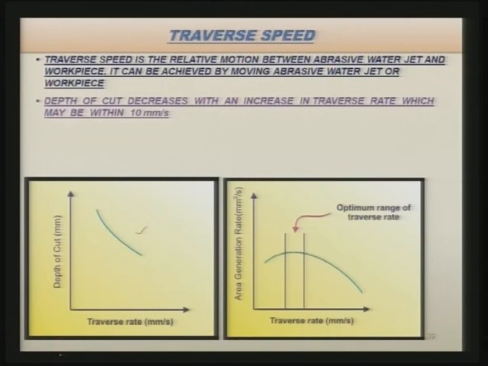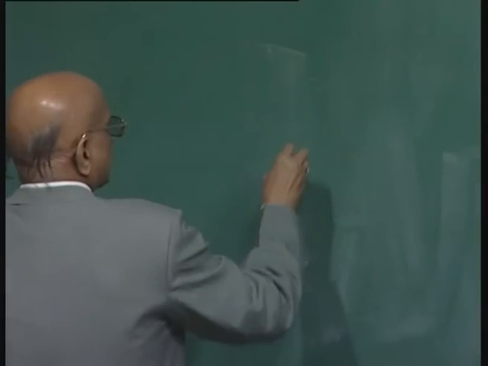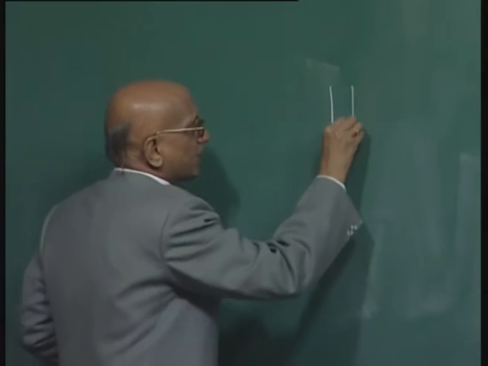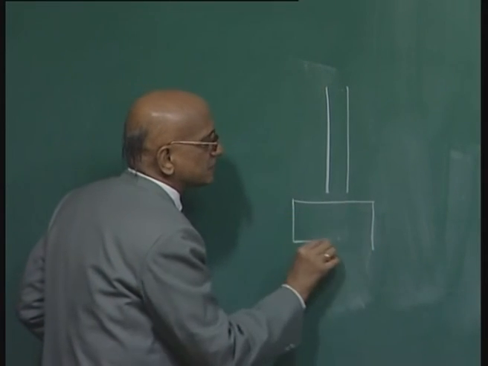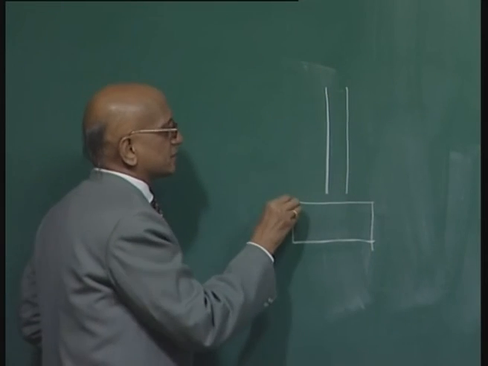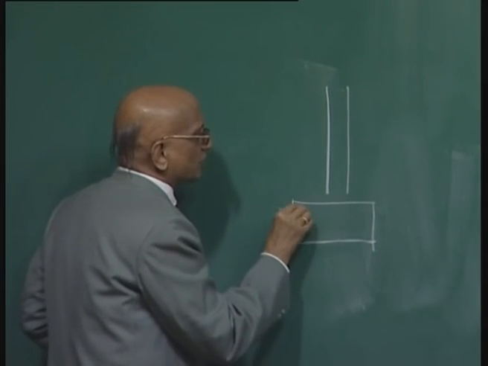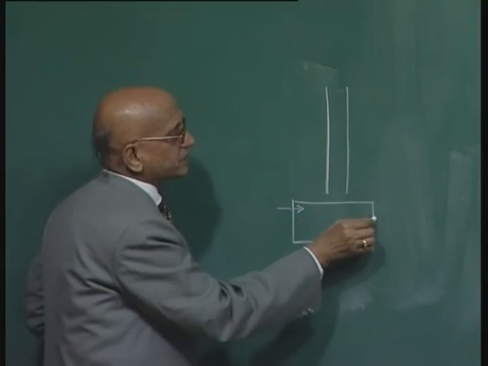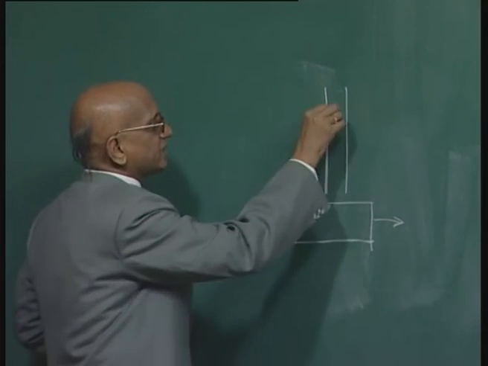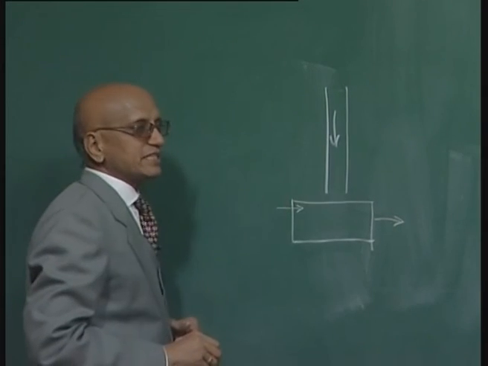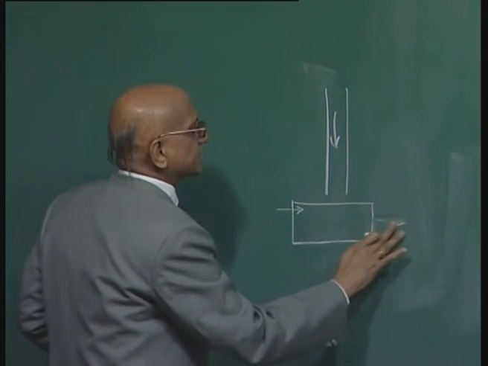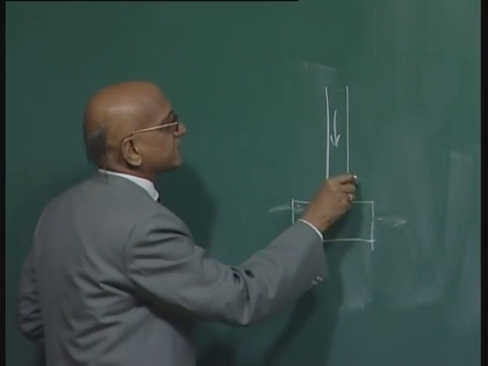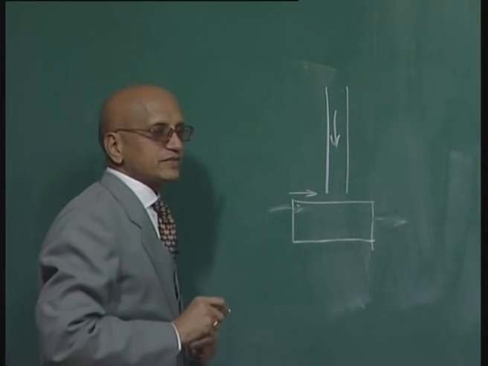Now, let us understand what the traverse rate is. Suppose this is the abrasive water jet and this is the workpiece. To cut the whole length of the workpiece, either the workpiece can be moved in this direction, then the abrasive water jet will remain stationary, or if the workpiece is kept stationary then the jet can move along the surface of the workpiece.